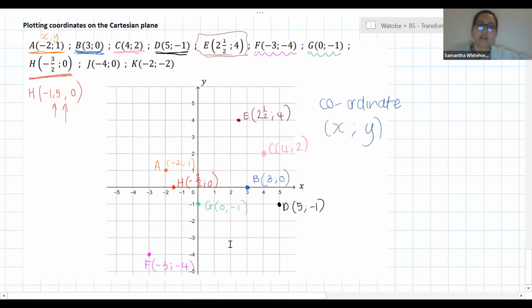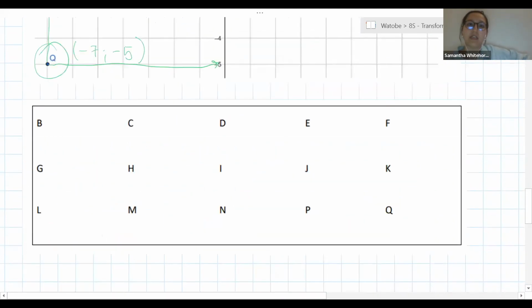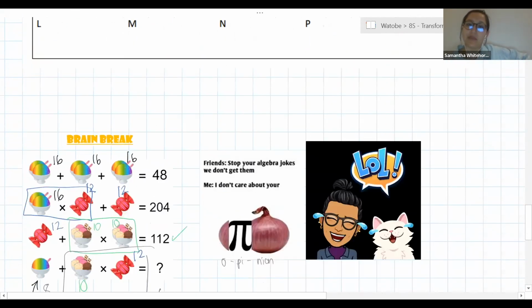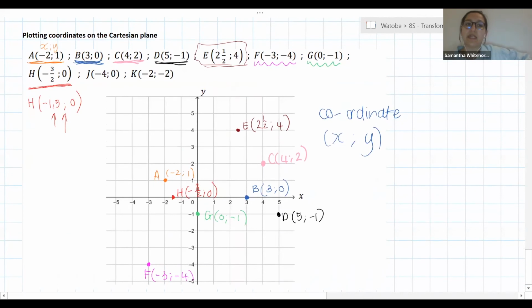So guys, essentially we need to be comfortable both plotting points and reading coordinates from a Cartesian plane. We spoke about reading coordinates when we looked at all of our different coordinates and got the X and Y values, and we need to be able to plot coordinates. Both of those skills are going to be very important moving ahead in maths.